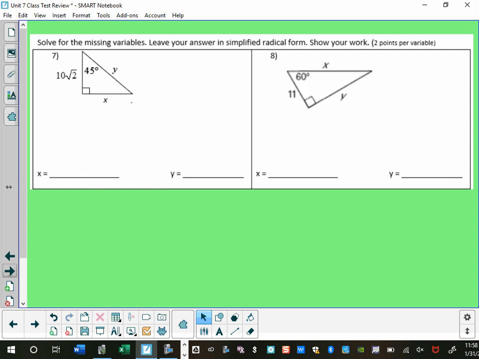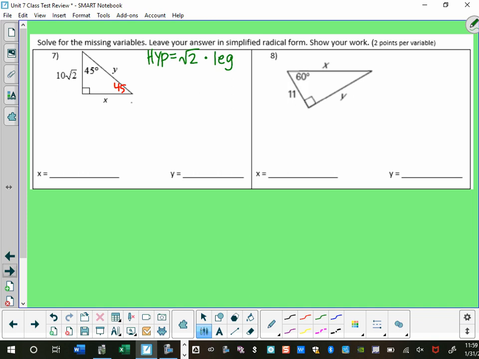You're still looking at the front of your card, where we have 30, 60, 90 and 45, 45, 90. In this case, this is a 45, 45, 90 triangle. In a 45, 45, 90 triangle, we basically have one main formula: your hypotenuse is equal to root 2 times the length of the leg.